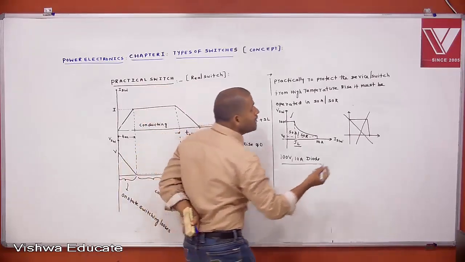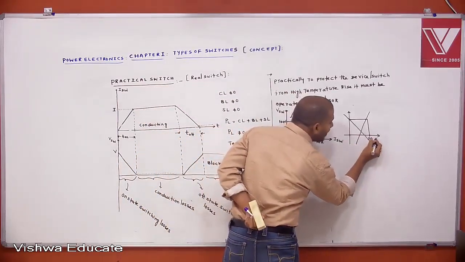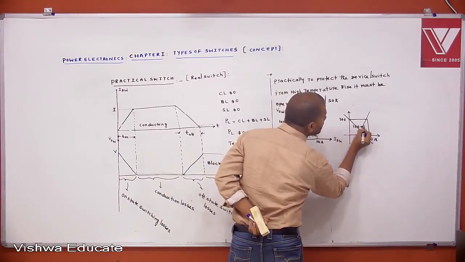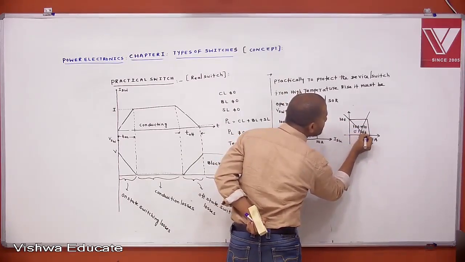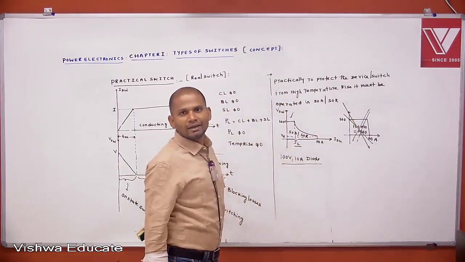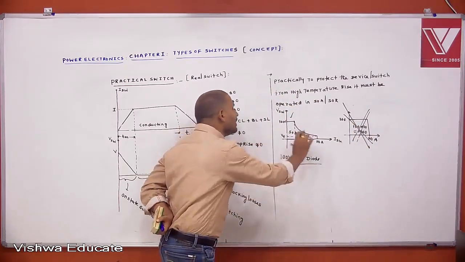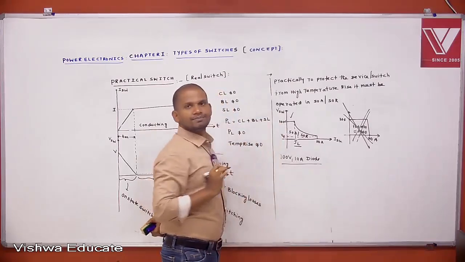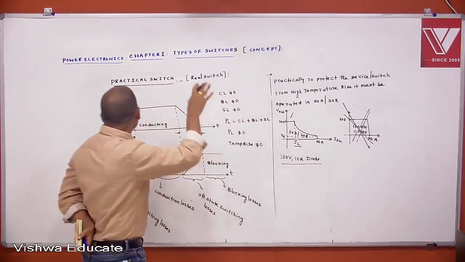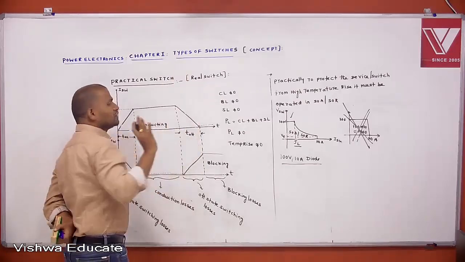If the diode current is 10 ampere and the voltage is 100 volts, 100 into 10 is 1000 watts, which is meaningless. We cannot represent the safe operating area like this. Then this is the safe operating area, safe operating region. Understood? Okay. These are the properties of a practical switch.